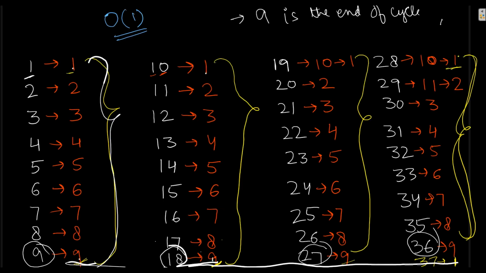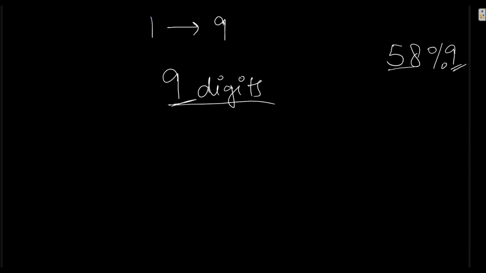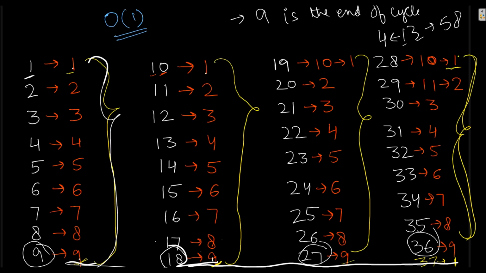Let's see for 58: 5 plus 8 is 13, 1 plus 3 is 4. So the remainder for 58 will be 9 6s are 54, so 4 will be the remainder. As simple as that. So here we just need to take the remainder after dividing by 9.